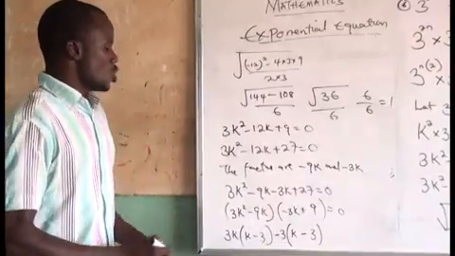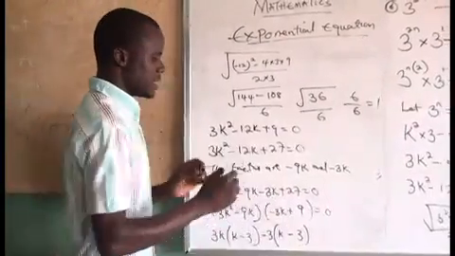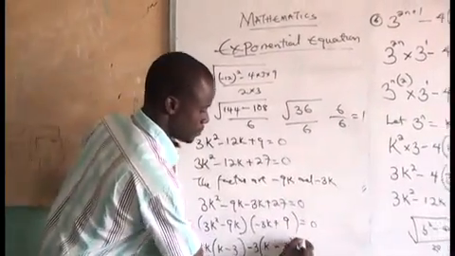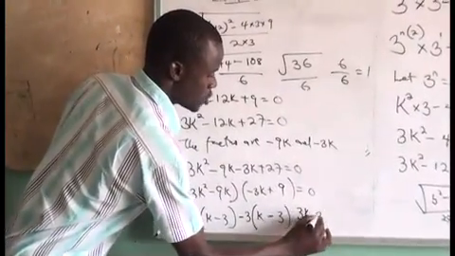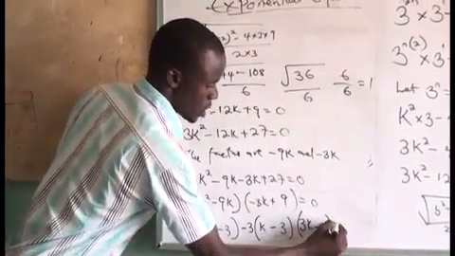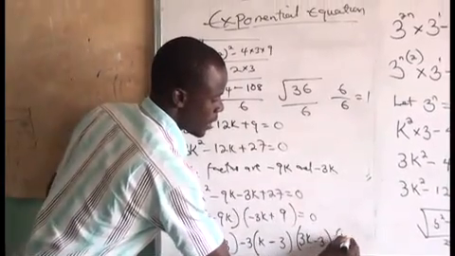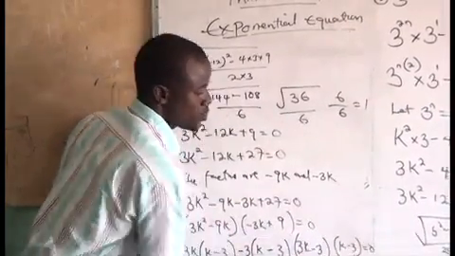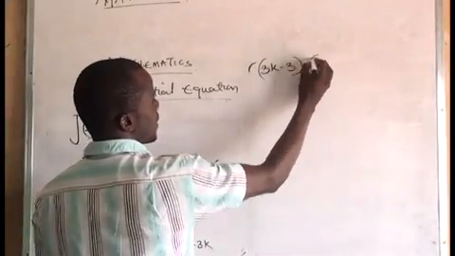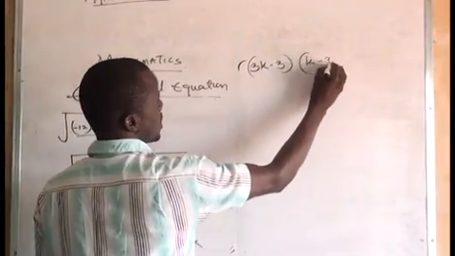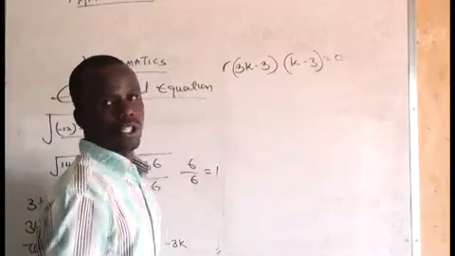So now here we can say it's k, 3k minus 3, and we have k minus 3 equals to 0. k minus 3 in bracket, then here we have k minus 3 equals to 0.